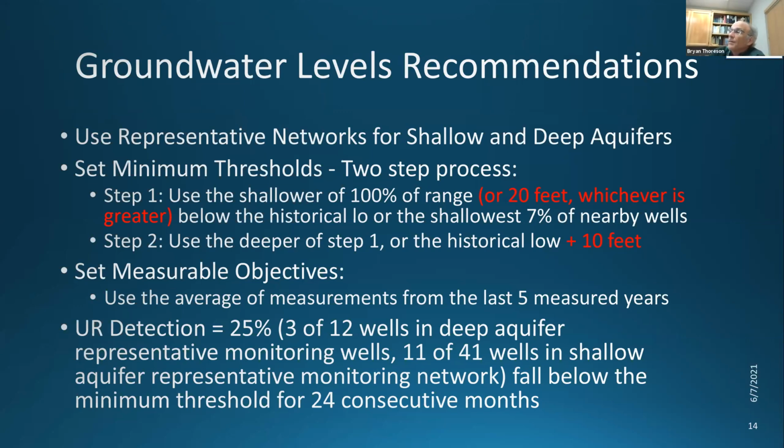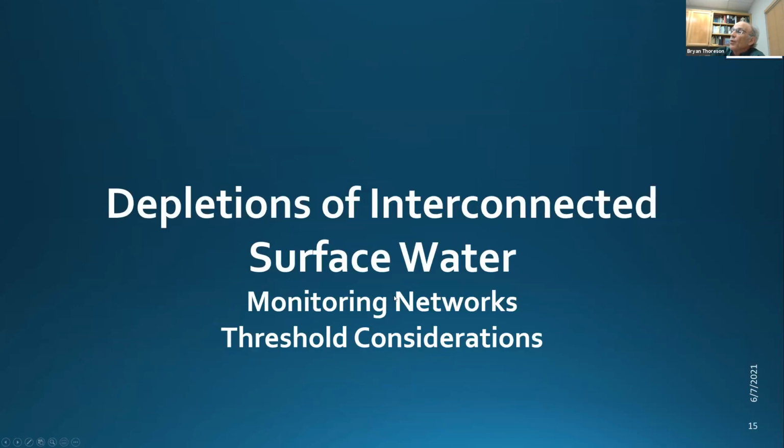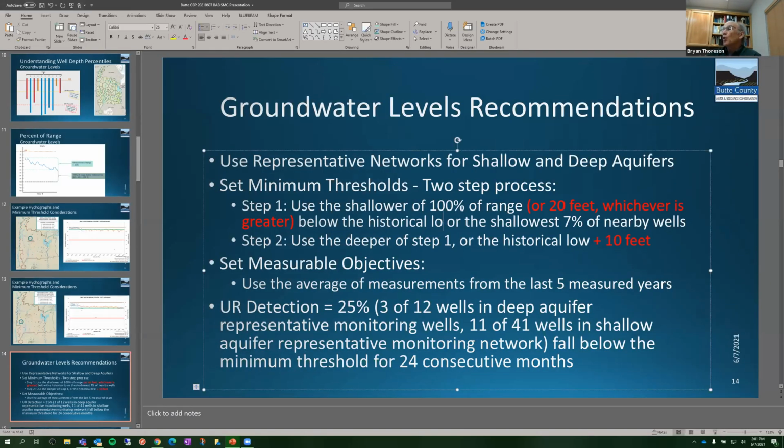So I think what you've written here is the way we were thinking about it. For step 1, it's either the range or 20 feet, whichever is greater, so that you would add 20 feet to the historical observed depth. And in step 2, we were talking about adding just 10 feet to the historical depth. It doesn't necessarily need to be 100% of range plus 20 feet.